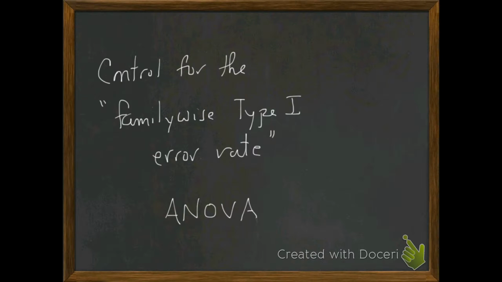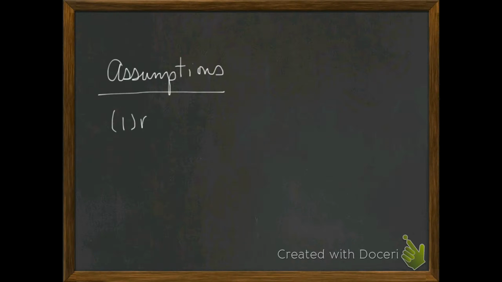Now, ANOVA has certain assumptions that have to be met, and there are 3 assumptions. The first assumption is normality. Each of our populations should be normally distributed.